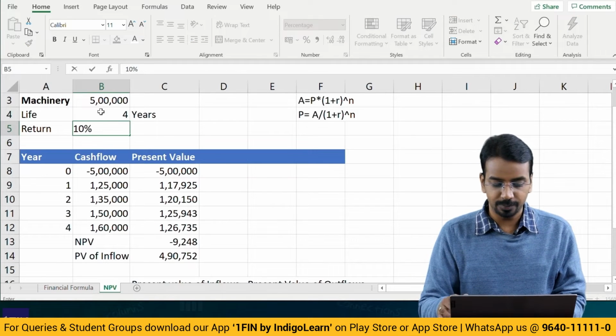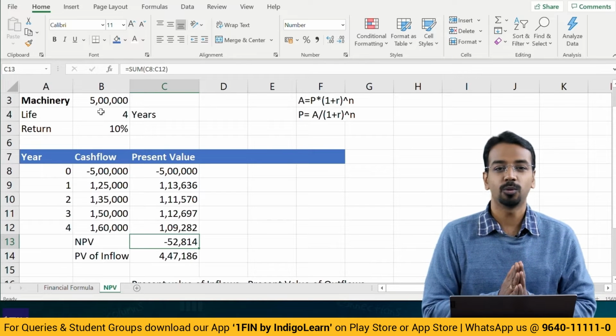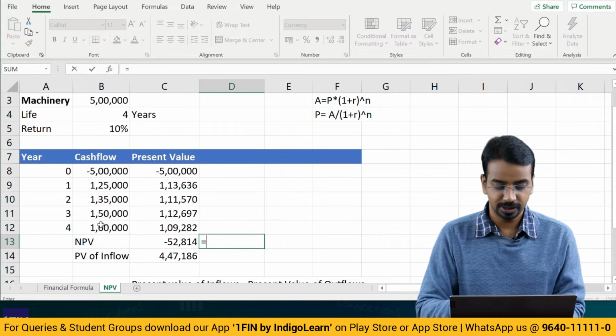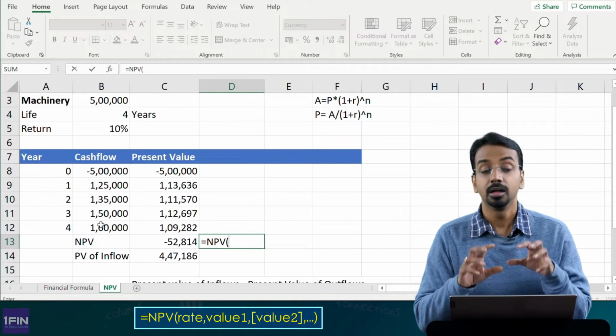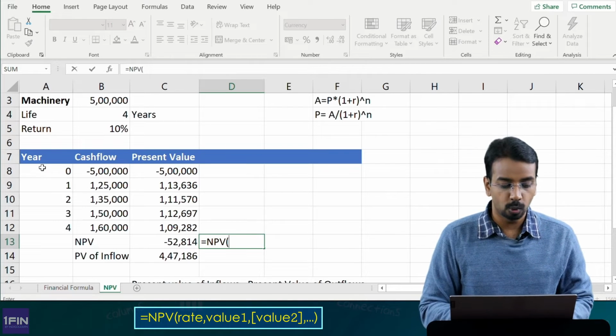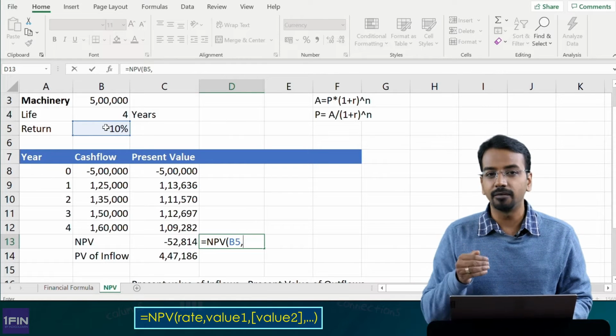So let us go back to our 10% example, and we know the NPV is 52,814. Now to compute the NPV, we have a formula in Excel which is NPV, that is the net present value, right? And for the net present value, what is the rate? The rate is 10%, that is the first parameter, and then you have to select the values.